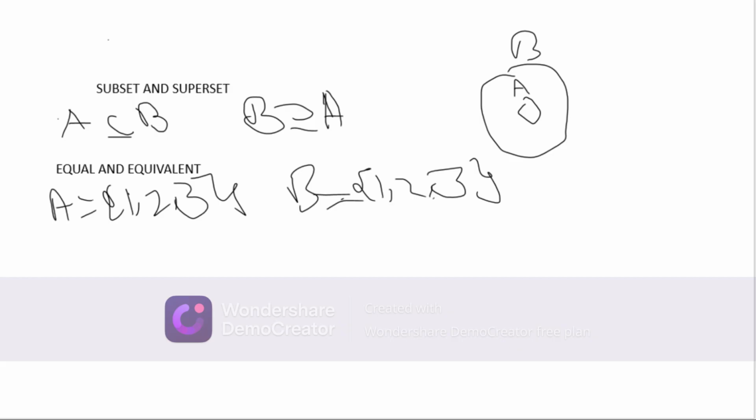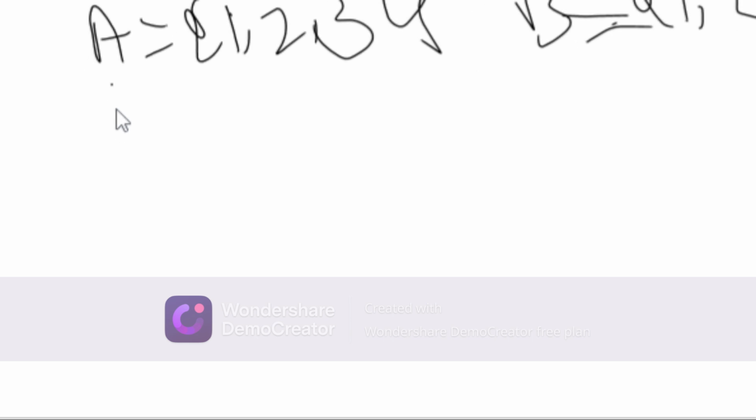Also, there's another thing which is the number of subsets of a finite set. For example, let's take the same set A. The number of subsets of A is the one we used to find in high school.